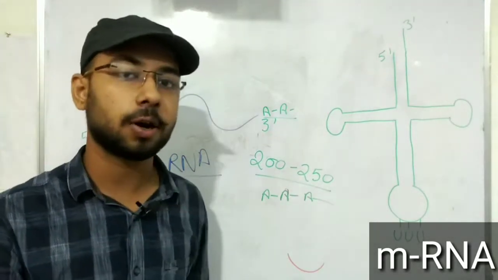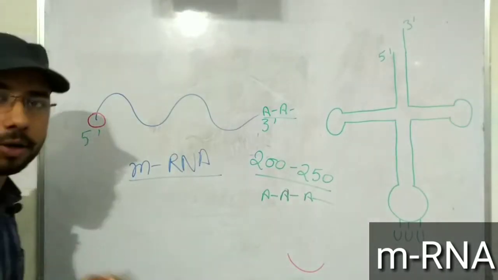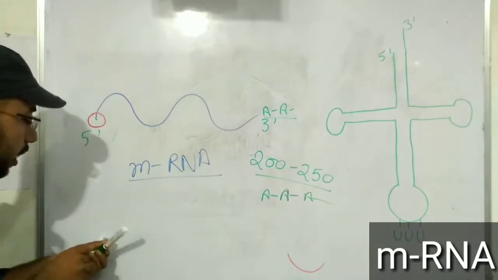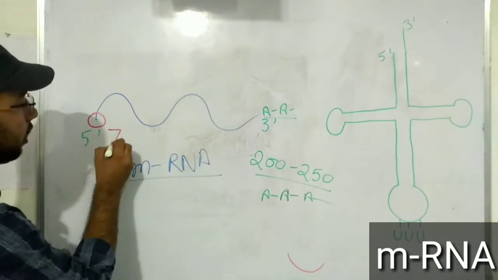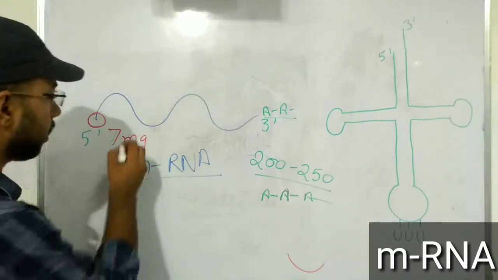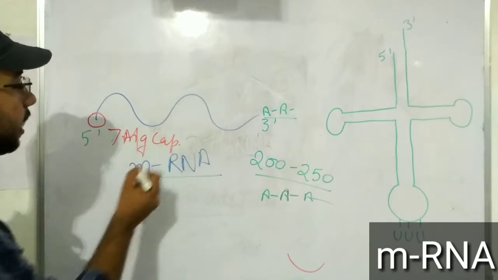One more function of the 5' cap and poly-A tail is that in eukaryotes, the cap is made up of 7-methyl guanosine, the 7mG cap. Why are we saying it?